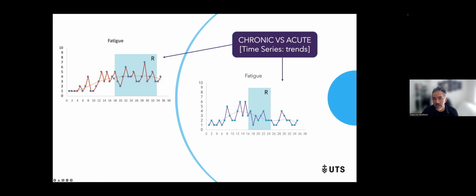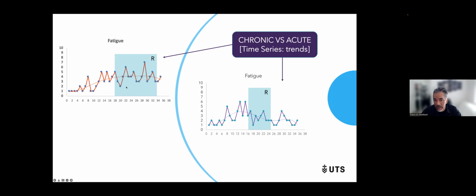After an increase in fatigue, you see the fatigue start to remain quite high and stable in these two players, and you introduce a recovery period. If this is acute fatigue, normally what you expect is that with recovery the fatigue perception goes down, and this is happening in this player, and this player didn't go down.